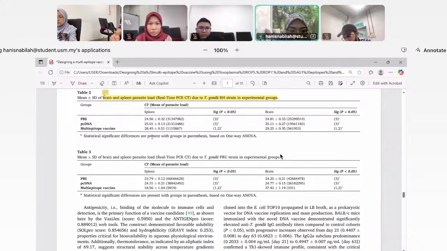So for this real-time PCR, the higher the CT value, the less toxoplasma in that sample. From the spleen in three different groups, we can say that the multi-epitope vaccine group has less toxoplasma.